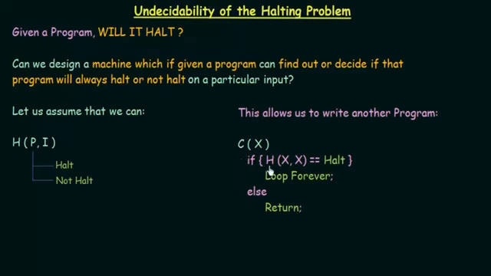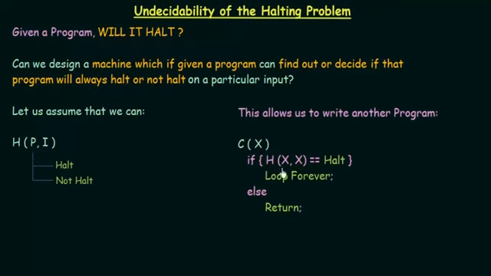This is the definition of program C. What do I do in it? In this program C, I call the function H, which we already defined, and to H I pass the arguments X, X. H can take two arguments, P and I, where P is a program and I is the input.